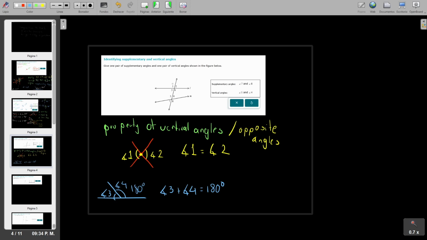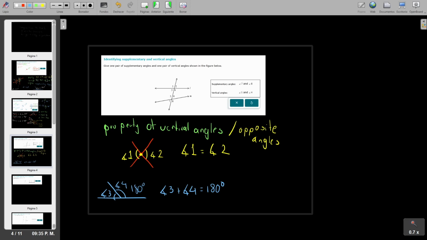In your diagram, the figure is going to be easy because it's going to be a line divided by another line. As you can see here, they're asking us to put the supplementary angles and the vertical angles. Remember, this is what we need to be finding.